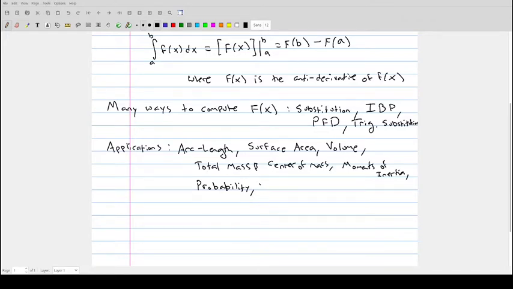We can use this to compute the work, energy, and even force and power produced by a certain force.